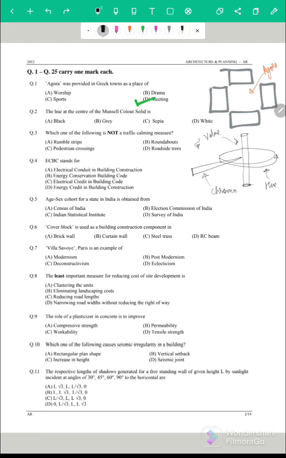So value is nothing but how much white and black is added in a color. Hue is the purity of color, like red, green, blue, yellow, and chroma is the shade of a color.